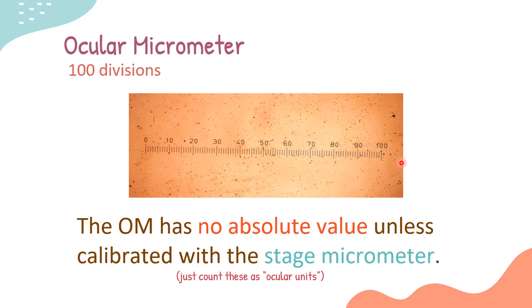Basically, we're going to find the value of each of these divisions, each of these small lines. We're going to find the actual value of it with the help of our stage micrometer. To do that, we need to overlap these two micrometers. So we need to also place the stage micrometer on the microscope. How do we do that?